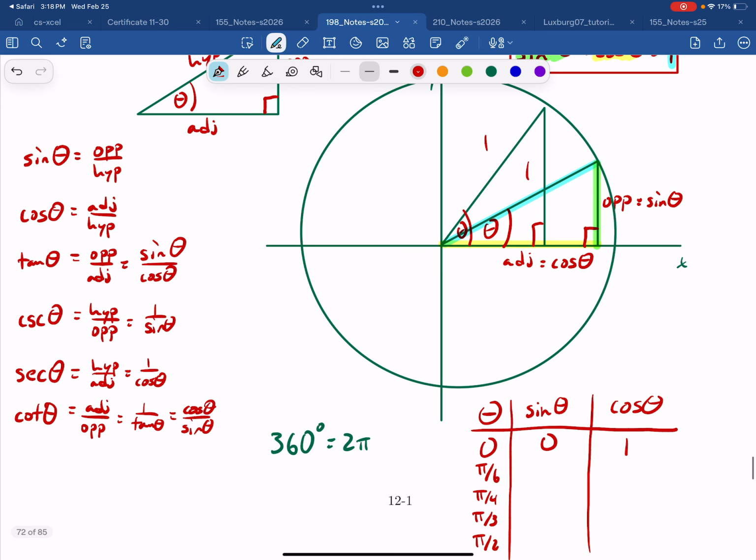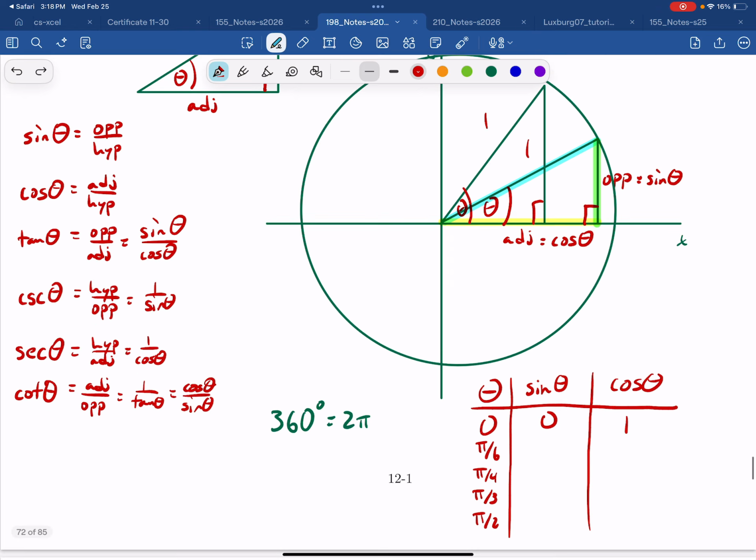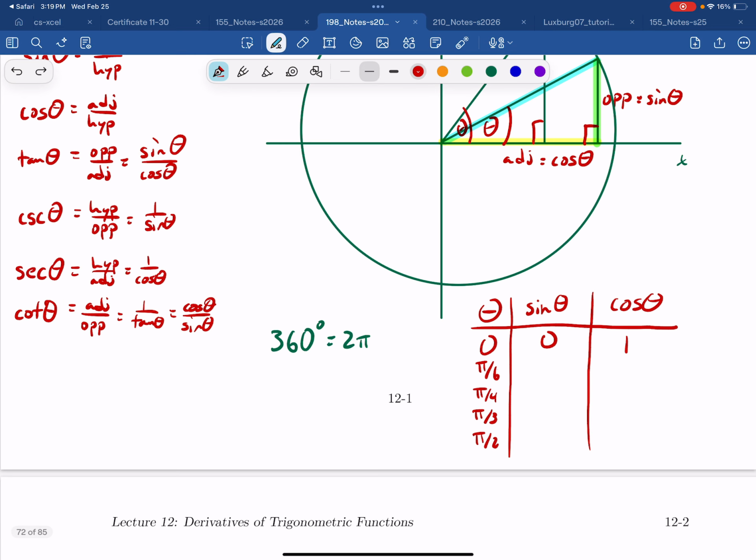That's just looking at the situation. What is the length of this so-called triangle? If you know your 30-60-90 triangles with the hypotenuse of 1, you know sine of pi over 6 is 1/2. Cosine of pi over 6 is root 3 over 2. If you know your 45-45-90 triangles, you know this is true.